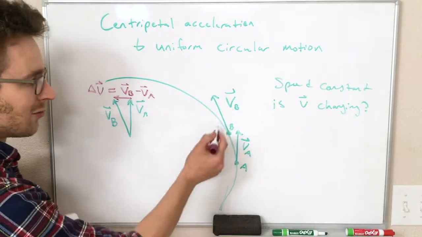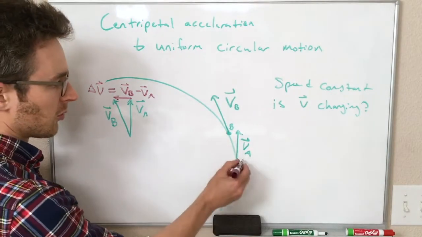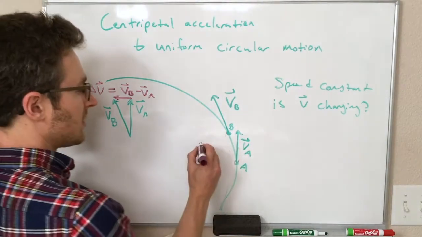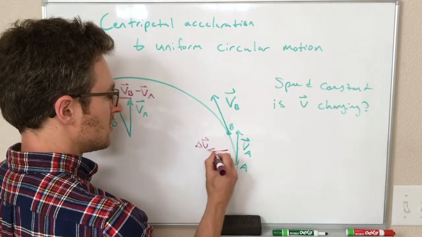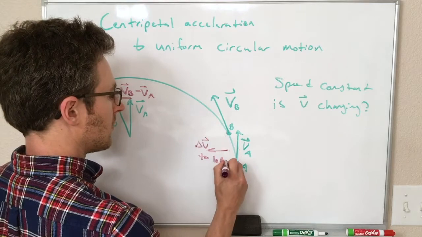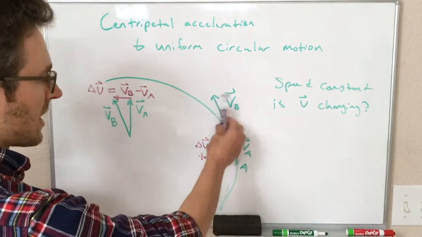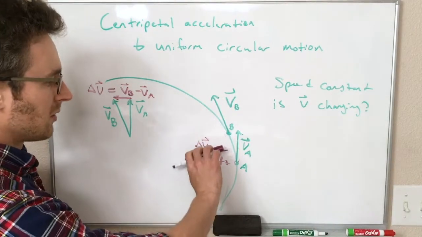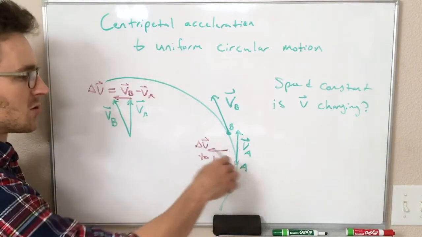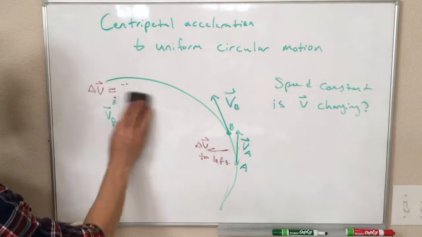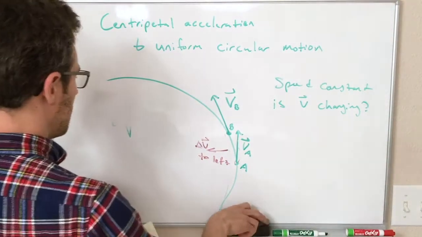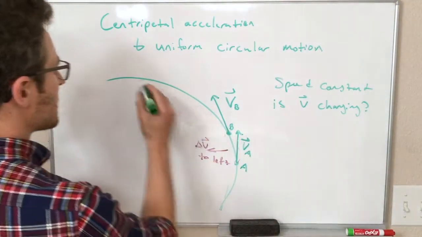We have some change in our velocity vector that we have drawn on this diagram. It turns out that for these two points over here, our delta V is in a direction to the left. Depending on what exactly these angles are, it might be a little bit down or a little bit up, but roughly speaking, over here, this delta V is to the left. Let's do the same thing really quickly for a point up here at the top.